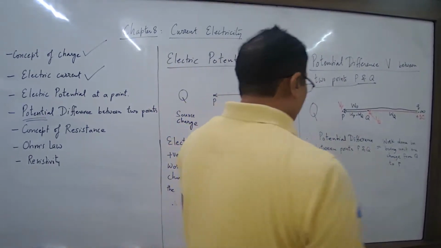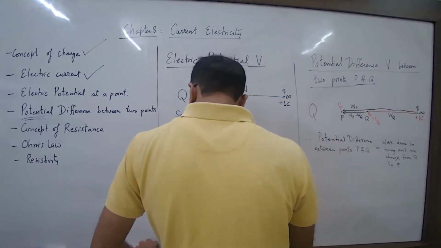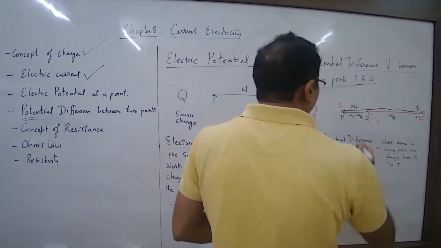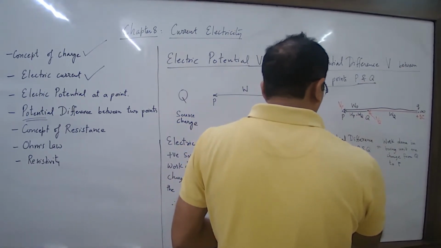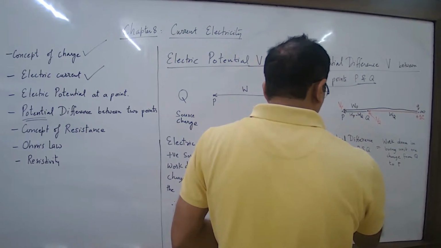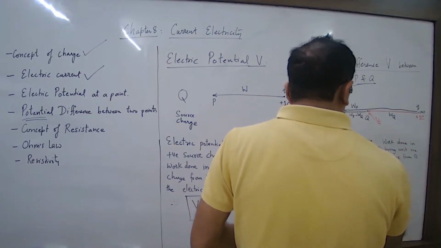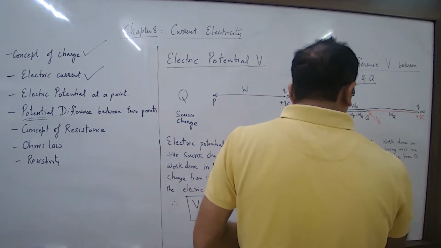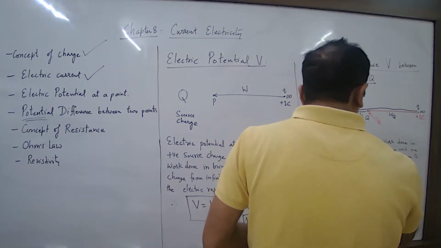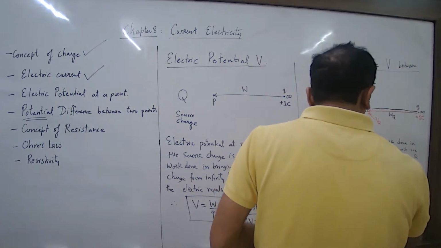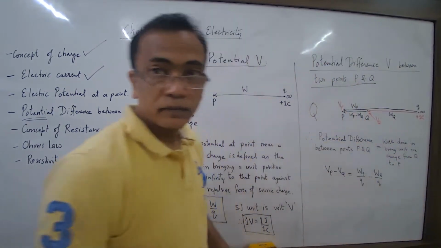So what is the potential difference between point P and Q? Obviously, whichever work is more, that is VP minus VQ. But what is VP? It's nothing but WP upon Q minus WQ upon Q, isn't it?